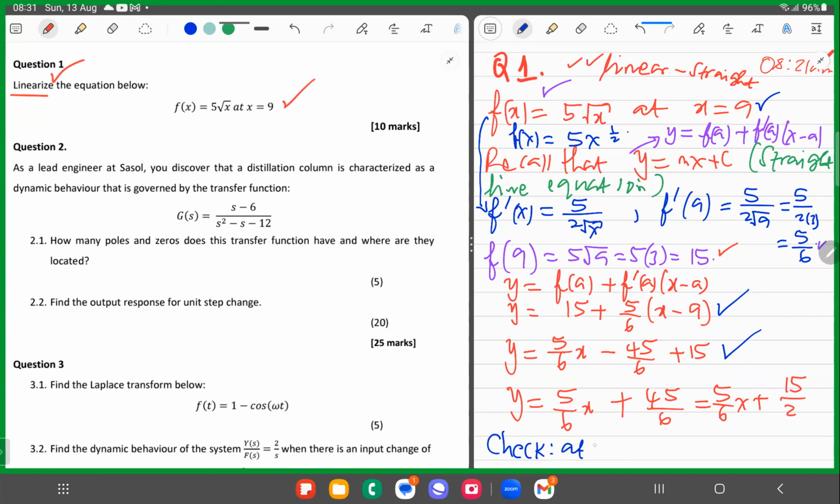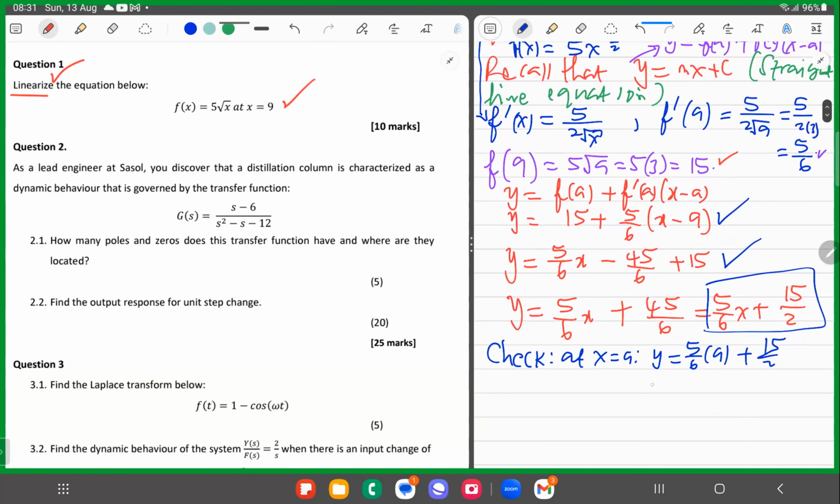If you check at x equals 9, you can evaluate this equation and write 5 out of 6 into 9 plus 15 out of 2, which is y. So 3 goes 3 times into 9, and 5 out of 6 times 9 is 15 out of 2, plus 15 out of 2.